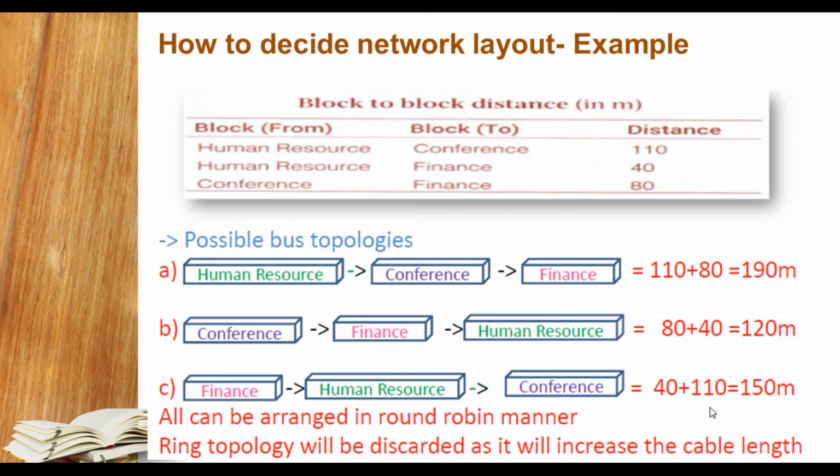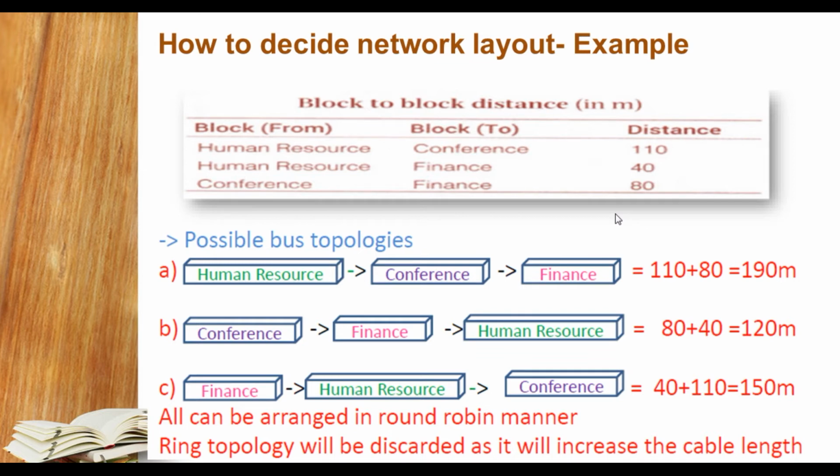I have taken this picture again here to understand which topology we are going to use. Same again: human resource to conference 110, human resource to finance 40, conference to finance 80. So first, we will use the shortest cable.